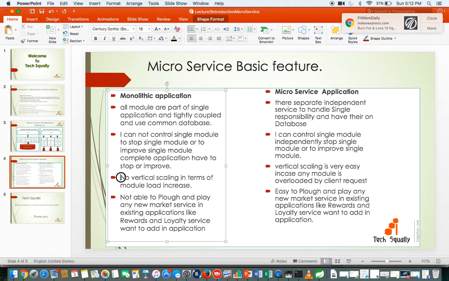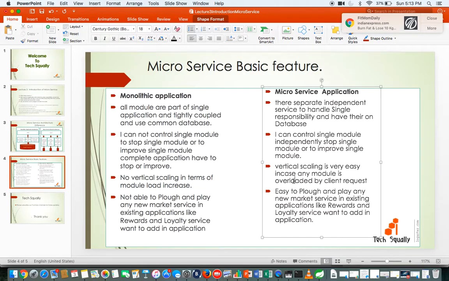In a monolithic application, there is no vertical scaling. What does it mean? Suppose in an e-commerce application, during sale times, orders increase 10-20 times, the order management module is overloaded, and the application slows down. We cannot increase the instances of a single module; that means we cannot increase the order management module's instances.